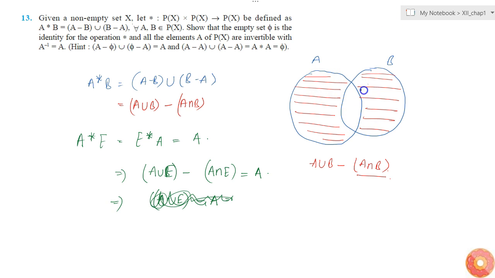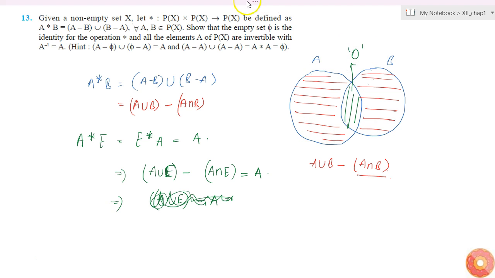If this whole part must be equal to A, that means this red must already be in this, and this green part which I am drawing now must be equal to 0. So there should be nothing in it.